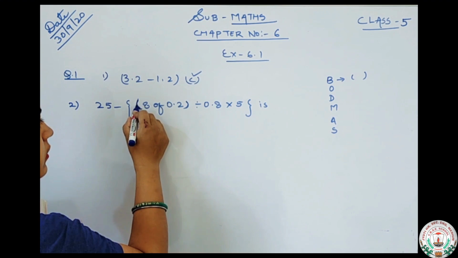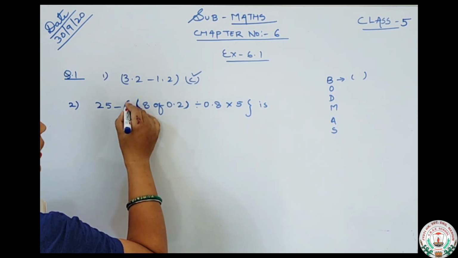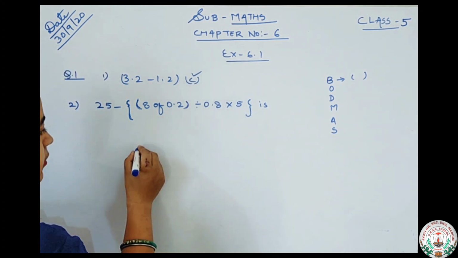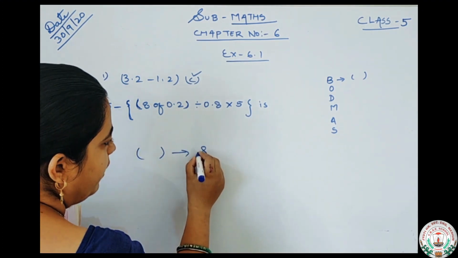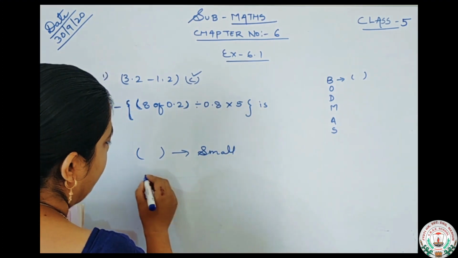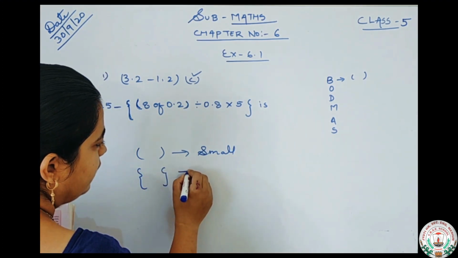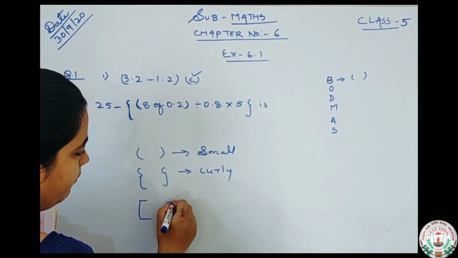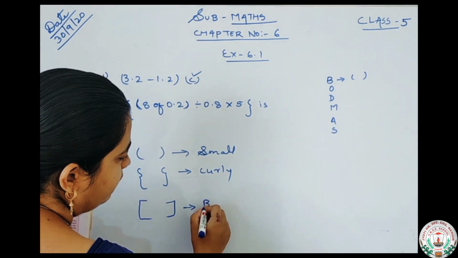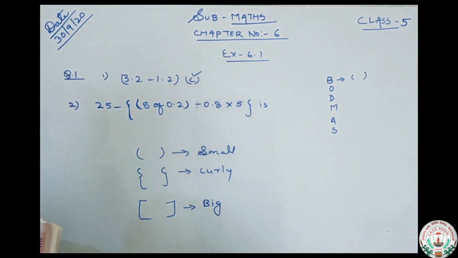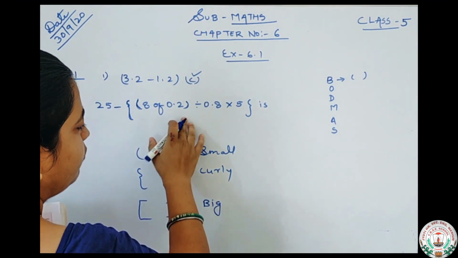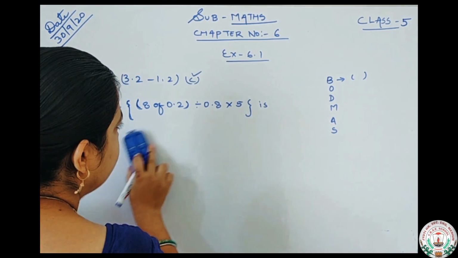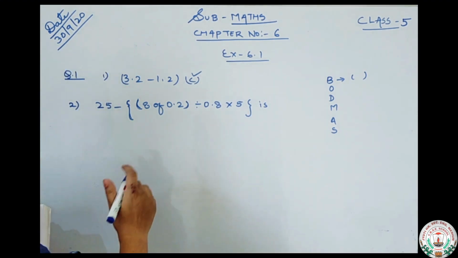This is the small bracket, this is the curly bracket, and this is the big bracket. First we will solve the small bracket inside it, then we will solve the curly, and after that the big bracket.